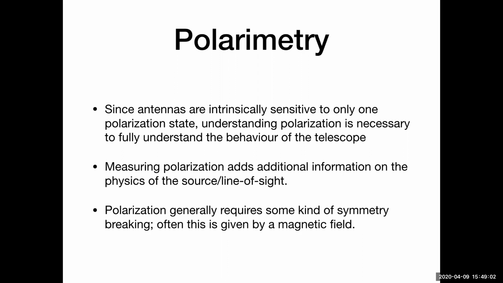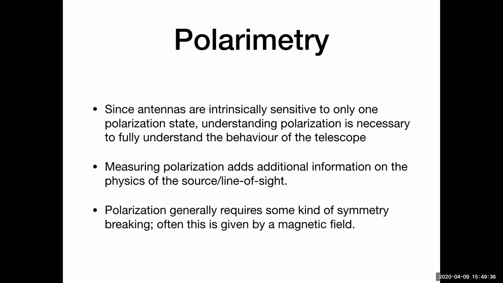So you need both to fully measure the signal. The same goes for left and right circularly polarized antennas. Ultimately your antennas are polarized, and even if you don't care about the polarization, you still need to deal with them in order to get your signal out for whatever measurements you want to do. But the polarization is also useful for giving an additional source of information on different kinds of physics of whatever it is that you're studying.